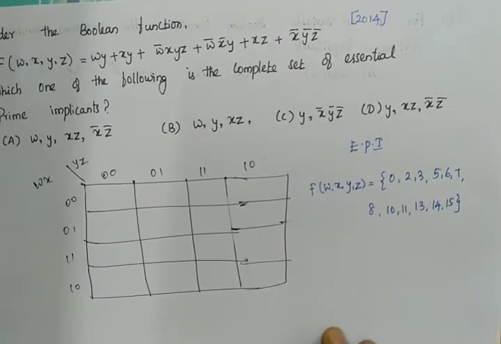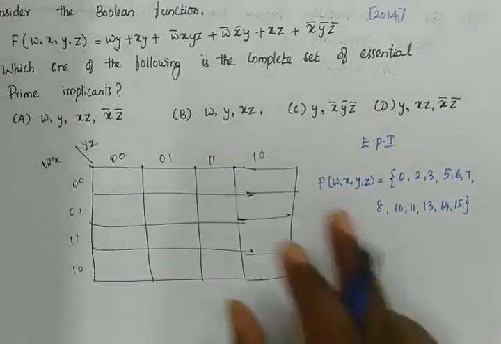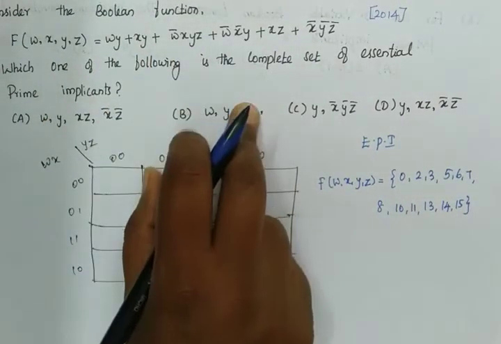So these are the numbers we get after changing this to canonical standard form.